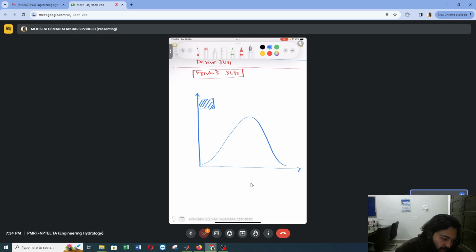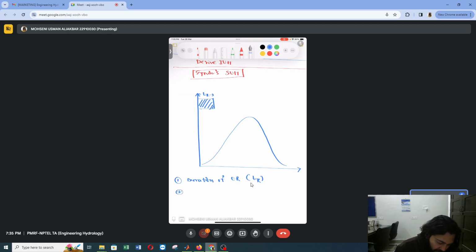The first important characteristic is the duration of effective rainfall, and we call it TR. So the TR is nothing but this duration of effective rainfall, right?